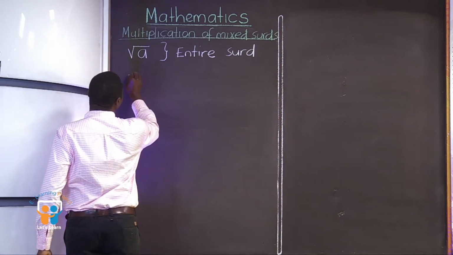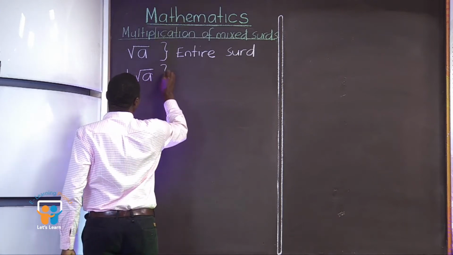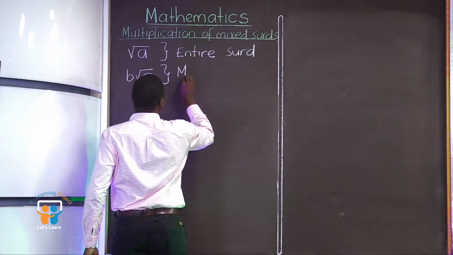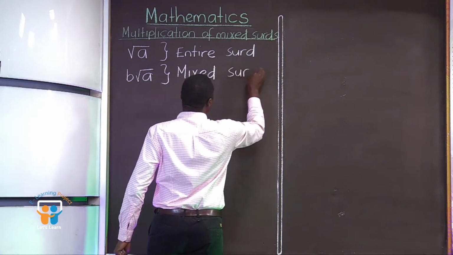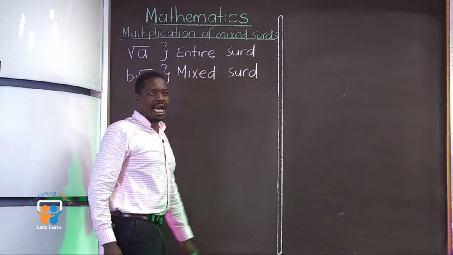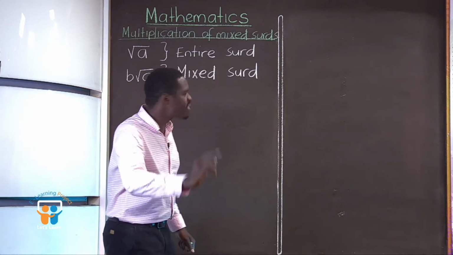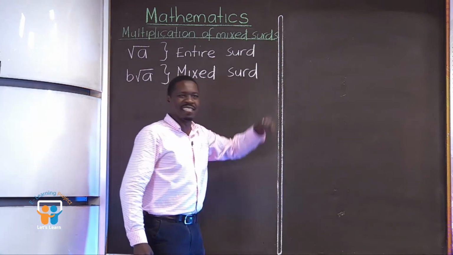You have, say, b root a. This one here is what we call a mixed surd. A mixed what class? Surd. That's why I'm saying we are going to learn how to multiply mixed surds.